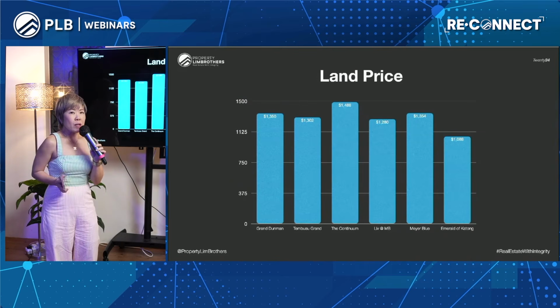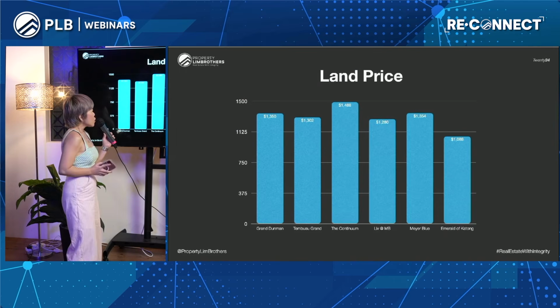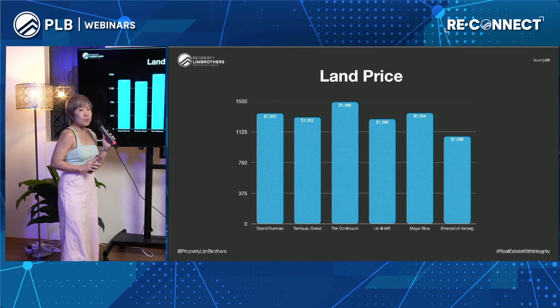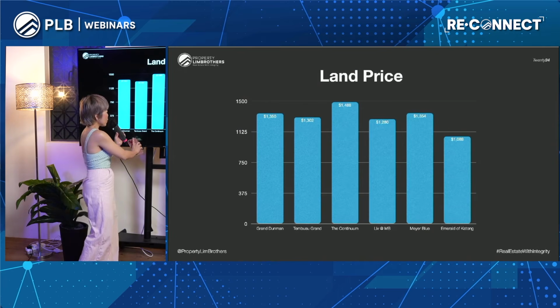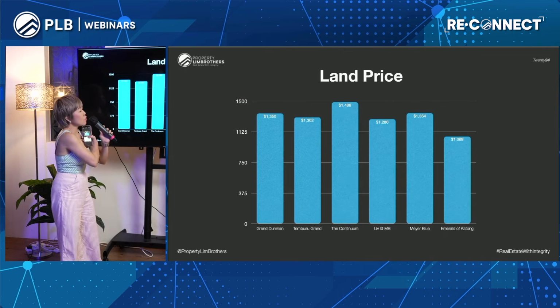Okay, just to give an example, these are all the new land sales that happened in 2022 and 2023, all in District 15. You can see the developers bid for this land at different prices. The difference between the condos is that Continental and Meerbu are freehold and the rest are leasehold.